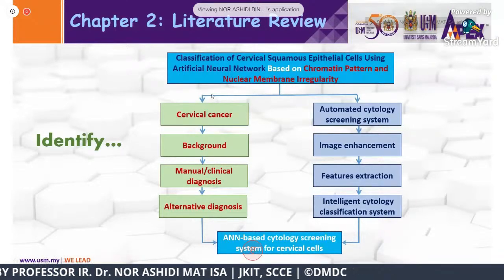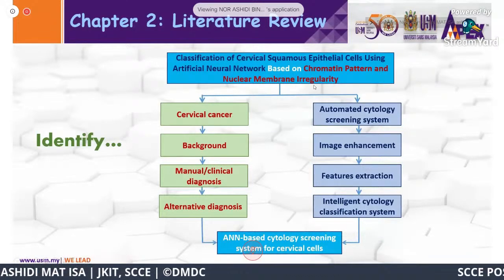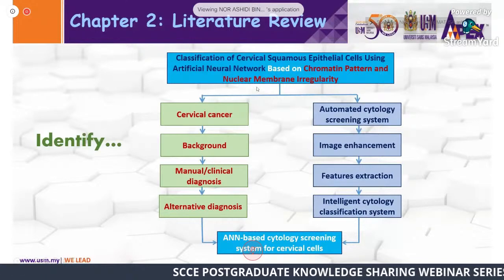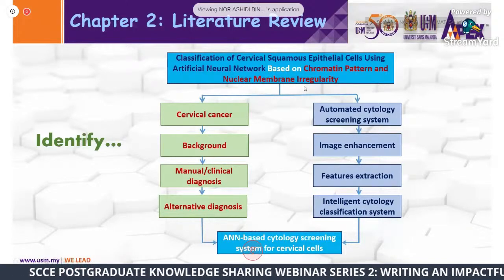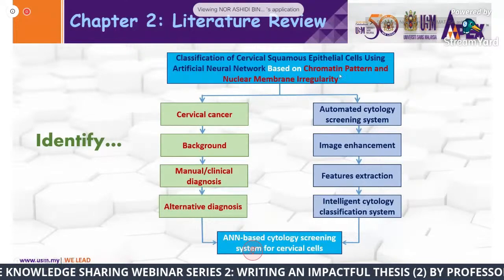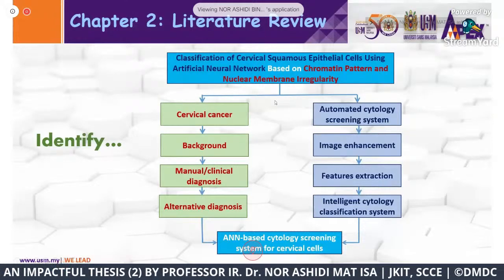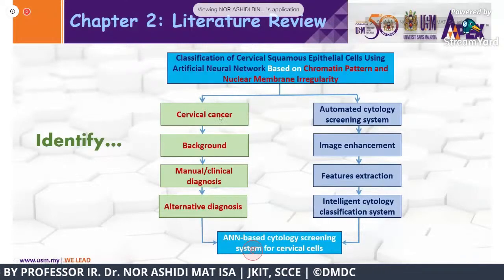Okay, so why do I need to know about cervical cancer? Because at the end, my niche area will be chromatin pattern and nuclear membrane irregularity. These are the features of the cervical cells. So that's why I start with cervical cancer.